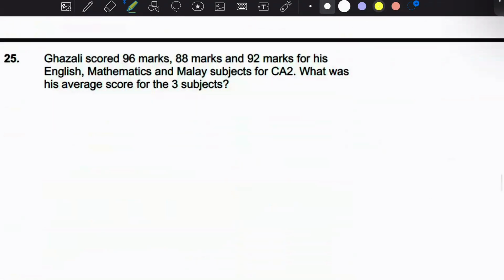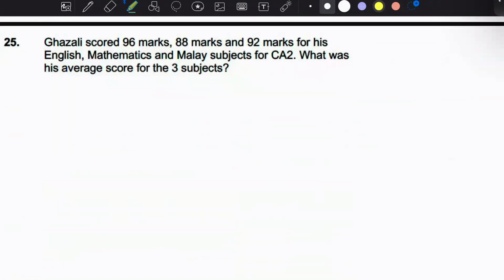Next question, question 25. Ghazali scored 96 marks, 88 marks, and 92 marks for his English, Mathematics, and Malay subjects for CA2. What was his average score for the 3 subjects? Okay, so how do you calculate average?